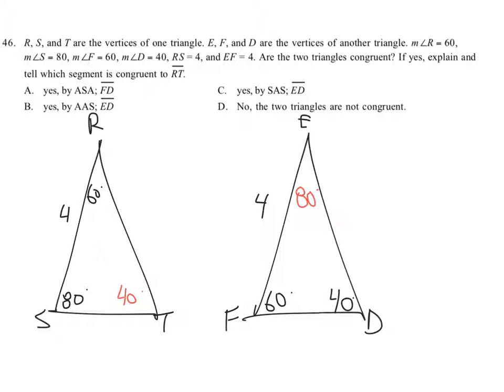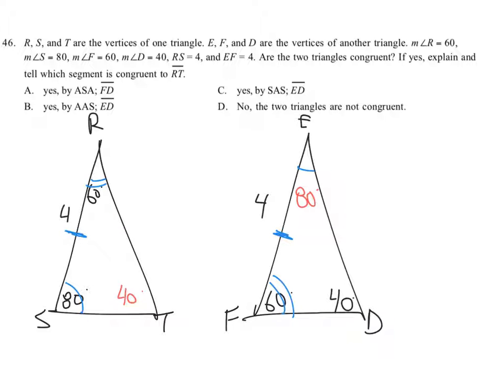Ultimately, really what we need to just say is that this angle is congruent with that angle, and this angle is congruent with that angle, and the side in between them, in between the 60 and 80-degree angle, is 4, so we know that that side is congruent to that side.